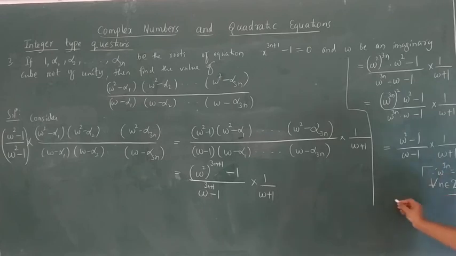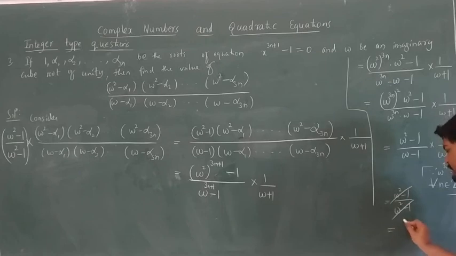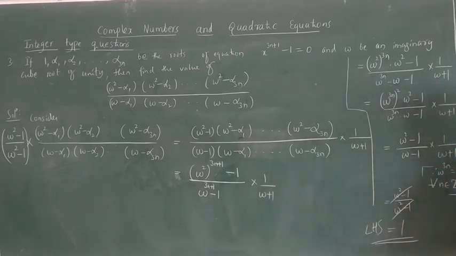You can easily understand this one. Now see here, we have ω² − 1 divided by, it is of the form (a − b)(a + b), that is a² − b². Now these two terms will get cancelled. You are left with the LHS expression value equal to exactly 1.